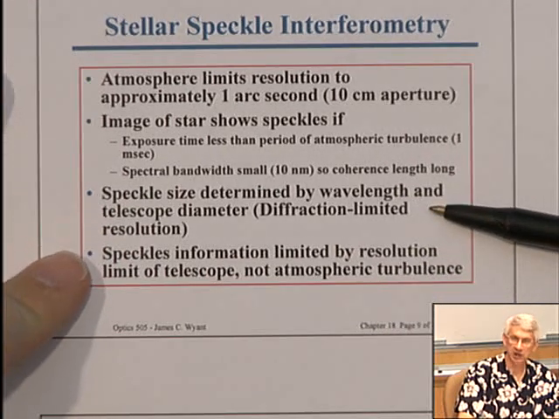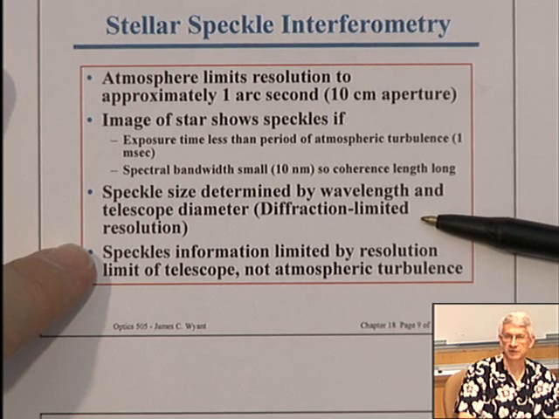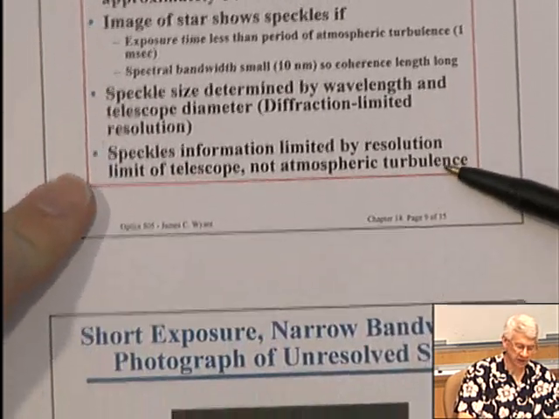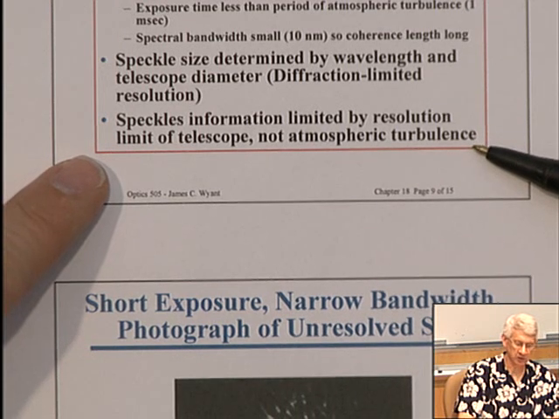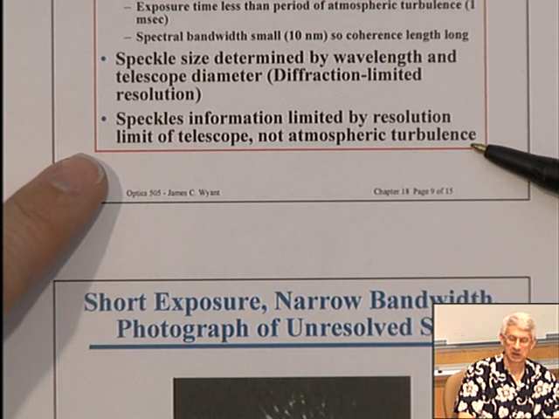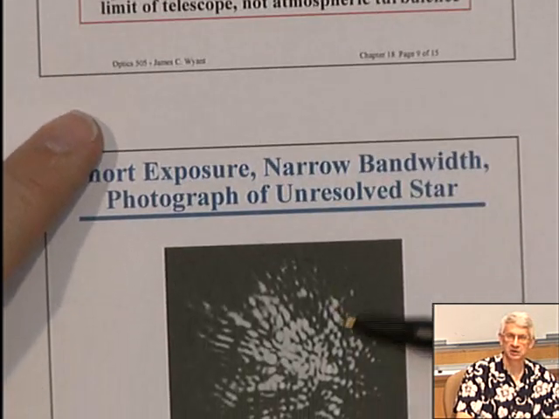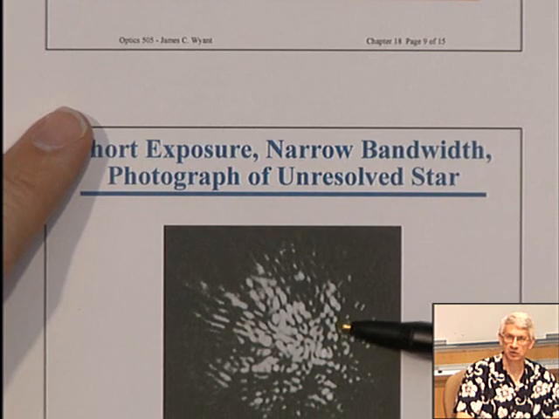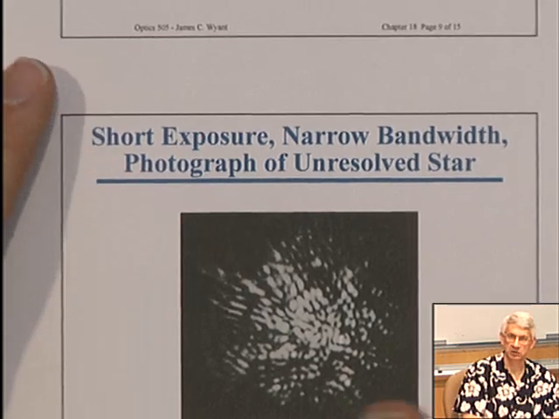And the speckle size, as we've talked about, is determined by the wavelength and the telescope diameter, basically the diffraction limited resolution at the image plane. The speckle information is limited by the limit of the telescope, not the atmospheric turbulence. Remember, the size of the individual speckles is the size of the point spread function of the telescope. But there's all this stuff due to that random phase nature in the pupil.